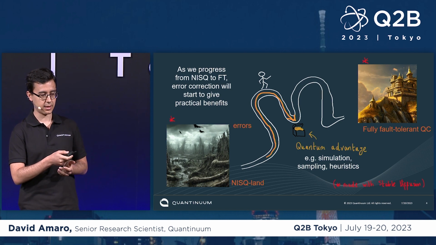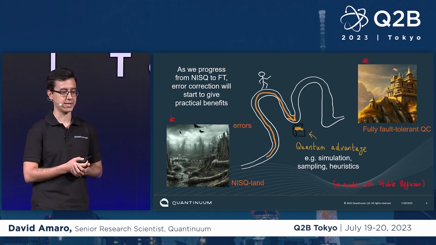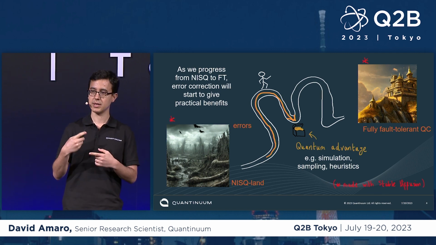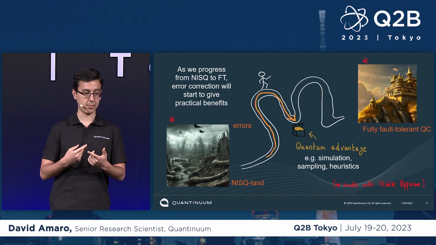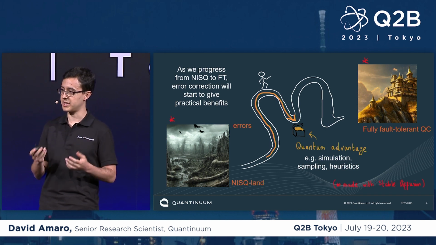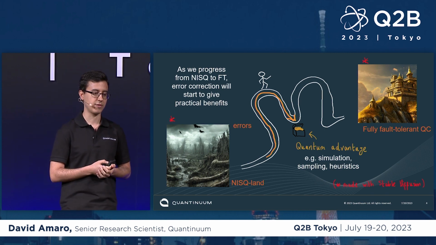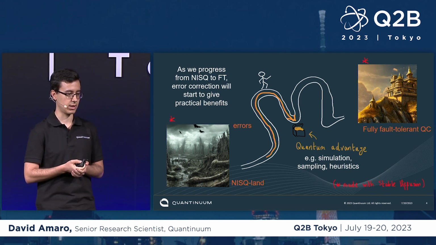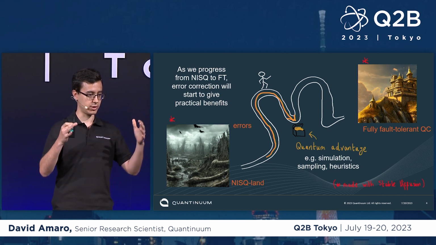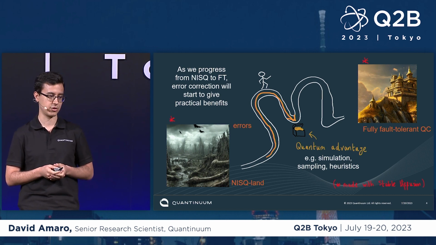And over the next years, we will be moving from the NISQ land to the fault-tolerant land by adding slowly some quantum error correction primitives, error mitigation, and improving the hardware. And it's possible that we find quantum advantage along the way. If we are able to reduce the noise to the desired level, that can be enough for certain applications.